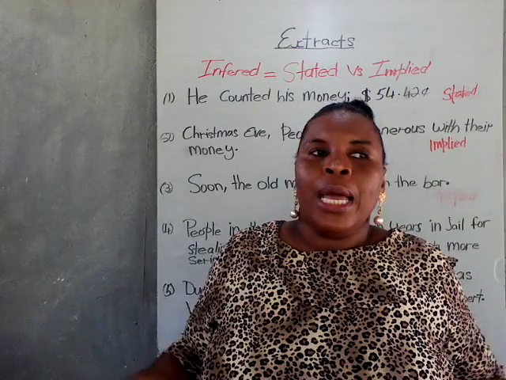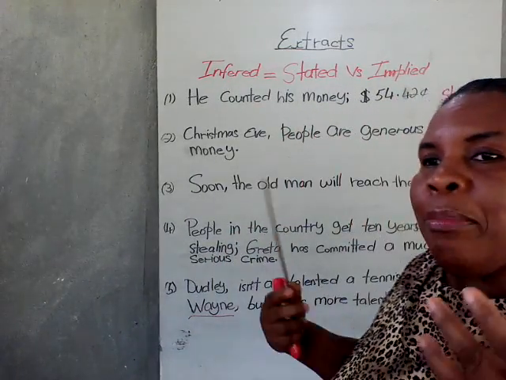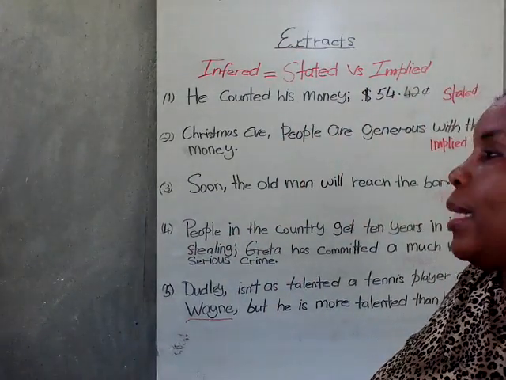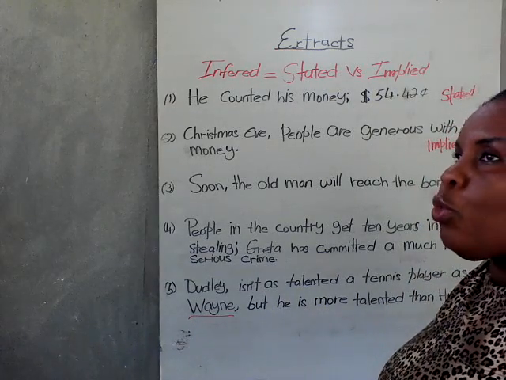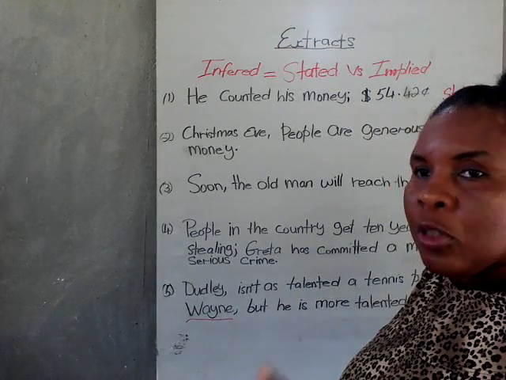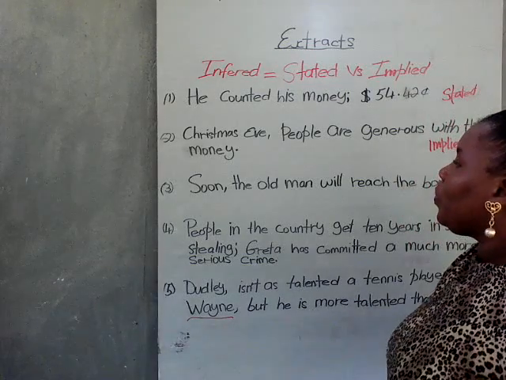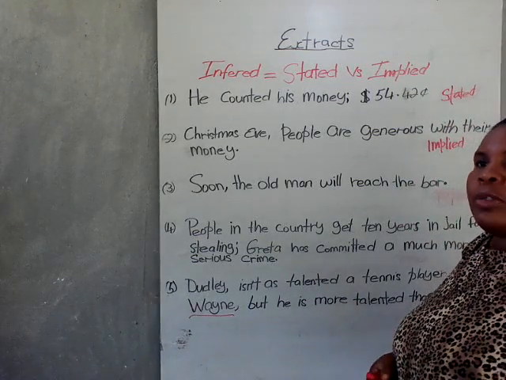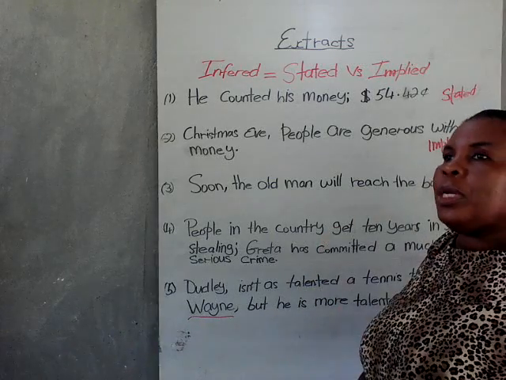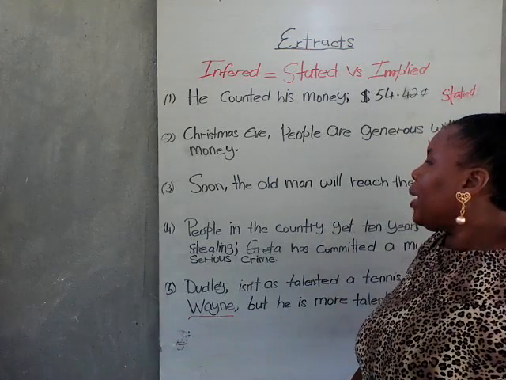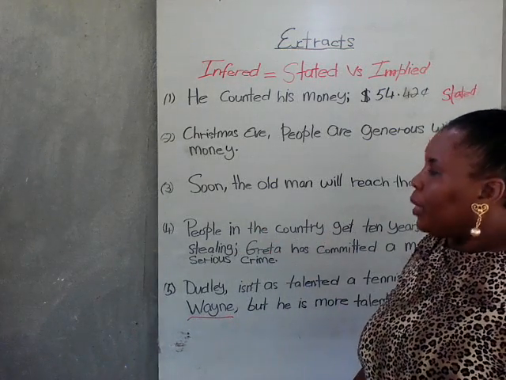So not everybody has money at Christmas time. So he's implying that that is what is happening because somebody has given him some money. But that cannot be true because he doesn't know everybody. Some people have been generous to him, but he doesn't know all the persons in the world who are being generous, giving money at that time. All right, so number 3.